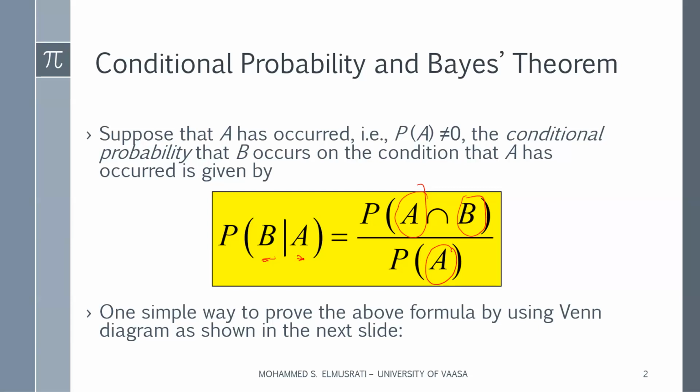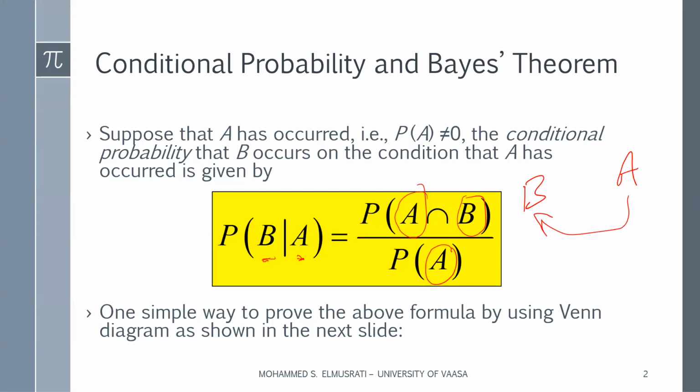Of course, we can prove it at least based on a Venn diagram, as we will see later in the next slide. But here we need to understand what this equation means. This equation is very important. For example, if you have any event B, and we have another event A, what is the impact of A on the occurrence of B?